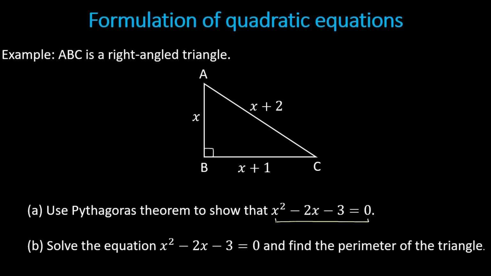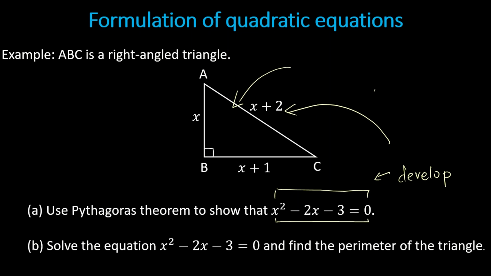So we need to apply Pythagoras theorem in this triangle until we reach this quadratic equation that has been given. Right? Indirectly the question says we need to develop this quadratic. We need to formulate this quadratic equation from what we have from the triangle.